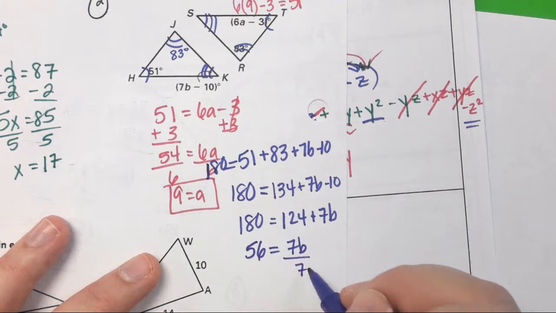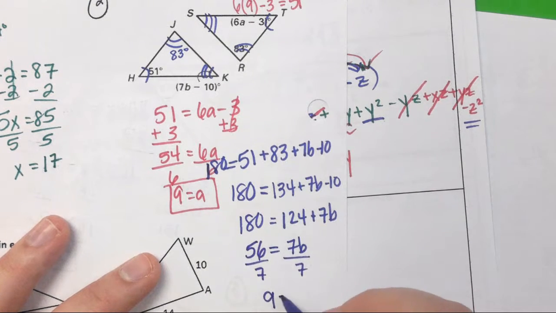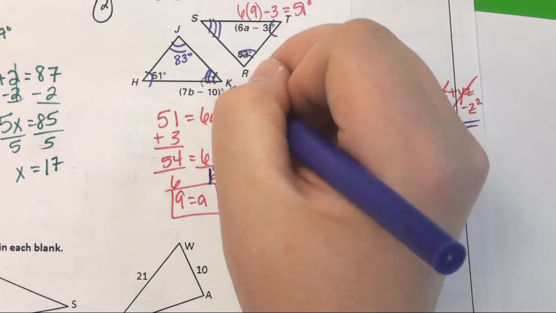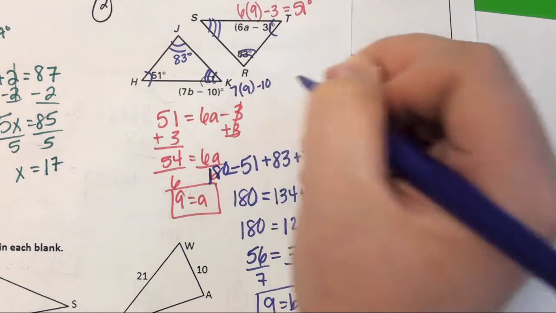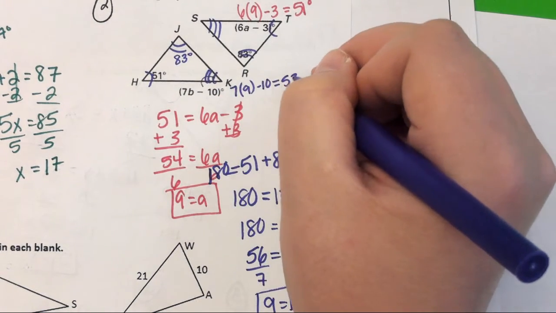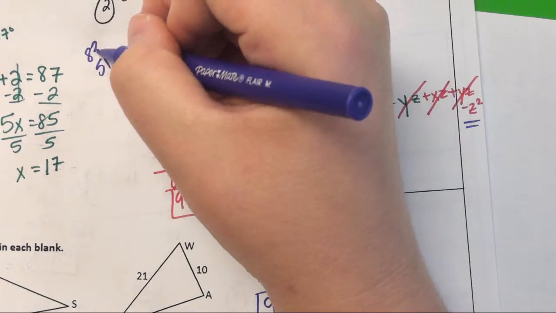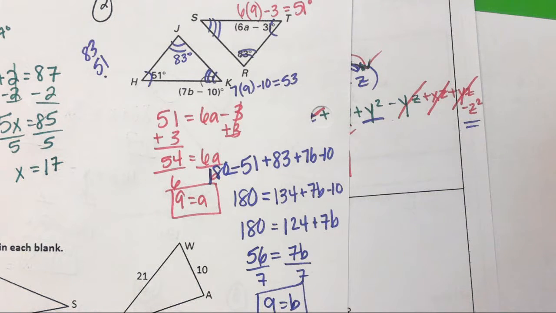And if I divide both sides by 7, I get 9 equals B. And if I was smart, I'd plug it back in and check myself. 7 times 9 minus 10, 63 minus 10 is 53. And then I could add them all up. 51, 83. Miss Compton's math was off somehow. So I think 56 divided by 7 is 8.